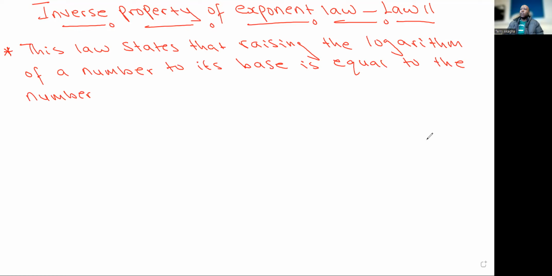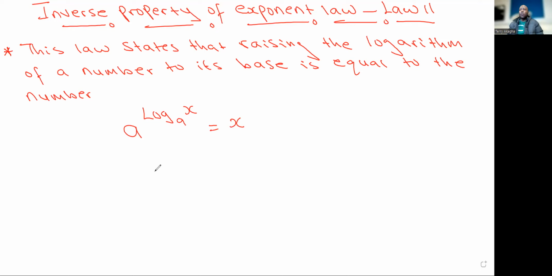So what I'm trying to say is if you have a to the power log base a of x, are you seeing it? The logarithm base and the index we're having here are the same. The final answer will give you what? x.